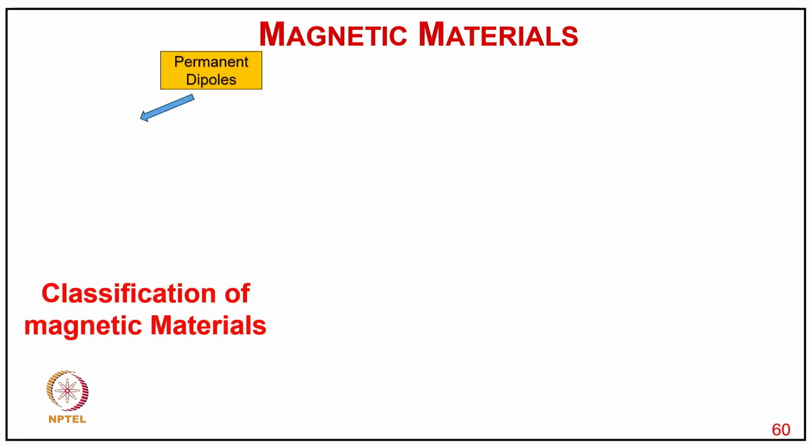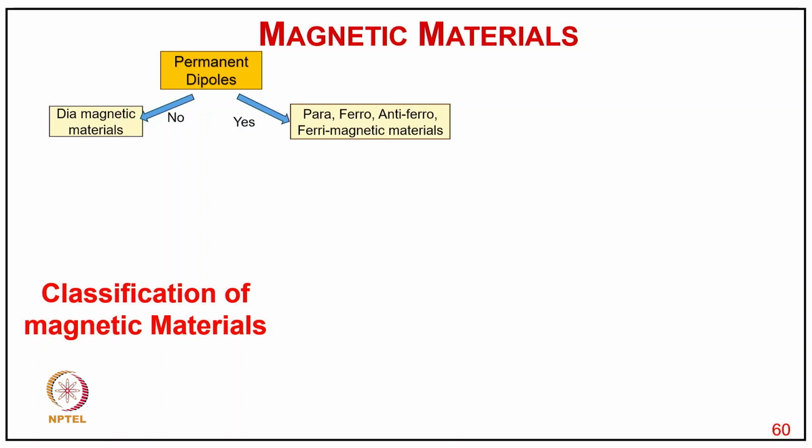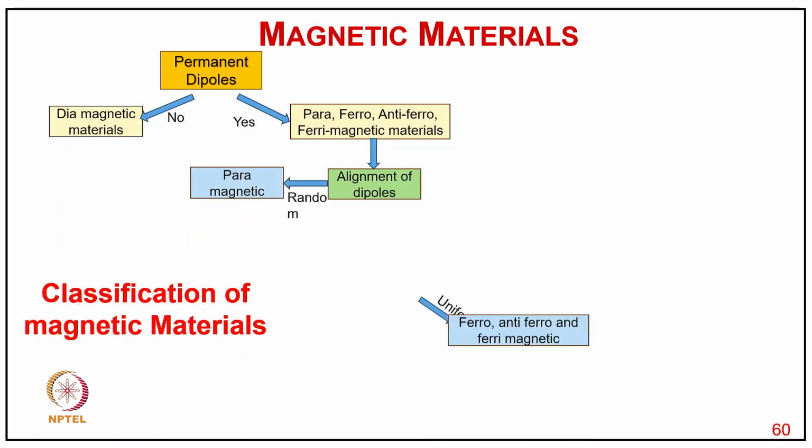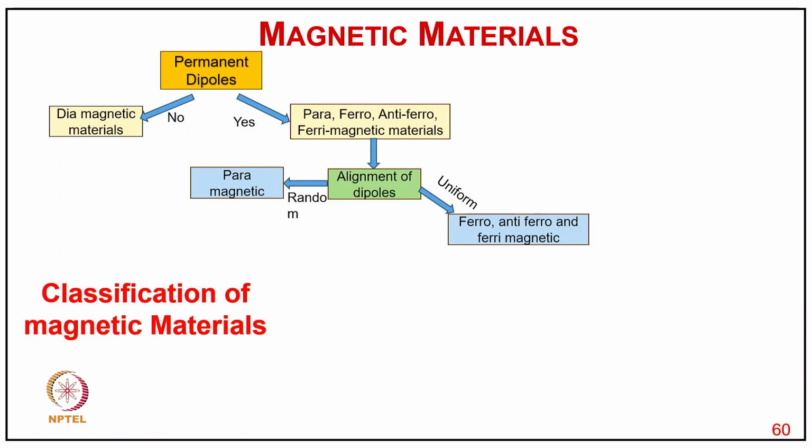Coming to the classification based on the dipoles, we have a diamagnetic material when the dipoles are not present, and then para, ferro, and anti-ferri magnetism. On alignment of dipoles, if it is random, it is paramagnetic. If it is uniform, we call it ferro or anti-ferri magnetic. Then on the direction of dipoles, if they are in the same direction, we call it ferromagnetic.